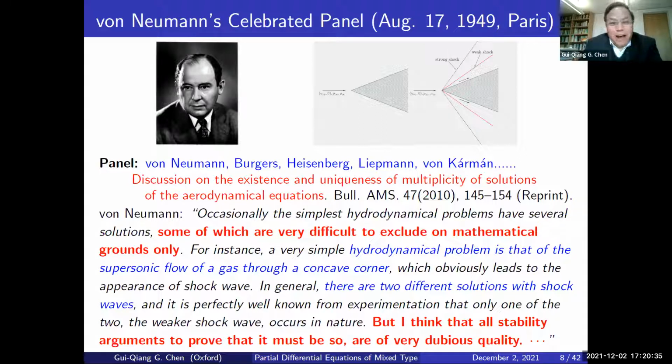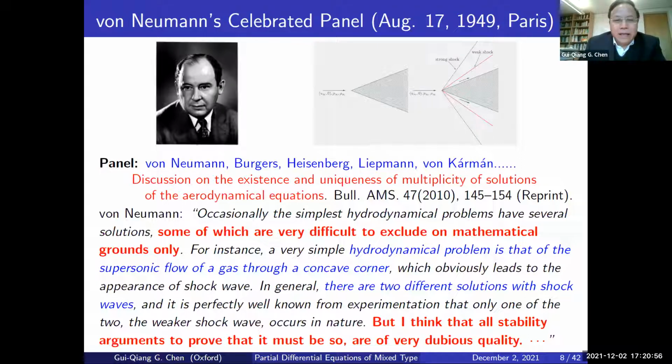Well, to our surprise, there was no significant, rigorous mathematical analytic result to understand the problem, especially the stability argument, as von Neumann pointed out.